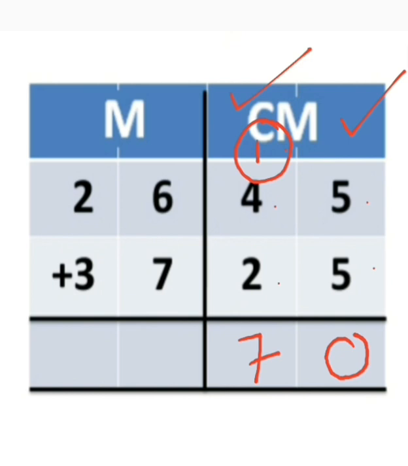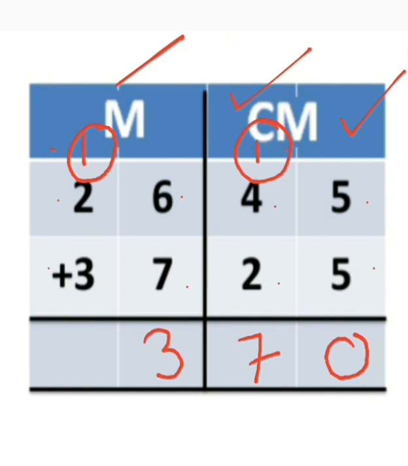Now children, we will see the meters column. In the meters column we have 6 and 7. So 6 plus 7 is 13. So we will write 3 here and 1 will go as a carryover to the left side column. Now here we have 1, 2 and 3.